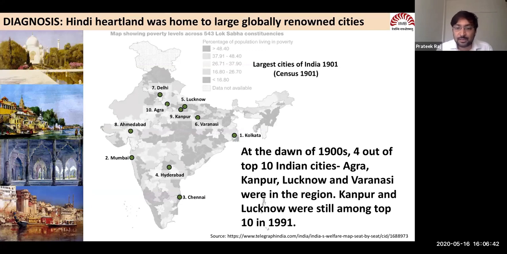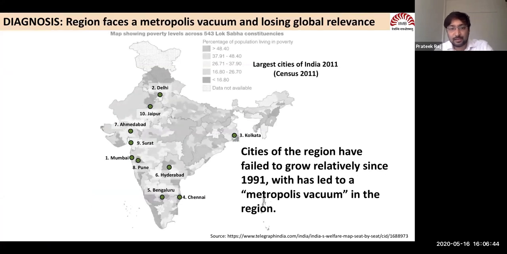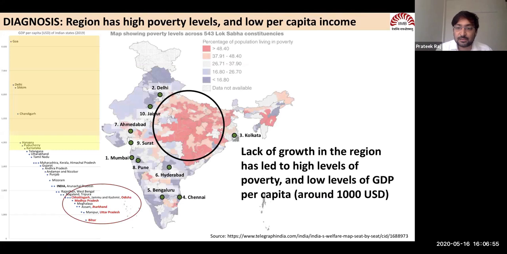But now, obviously, even though this region has a lot of population, there are no major cities. So there's been a vacuuming of the large cities. And what is very characteristic about this pattern is that all the poor districts and Lok Sabha constituencies of India are clustered in the exact same place where no big cities are found.